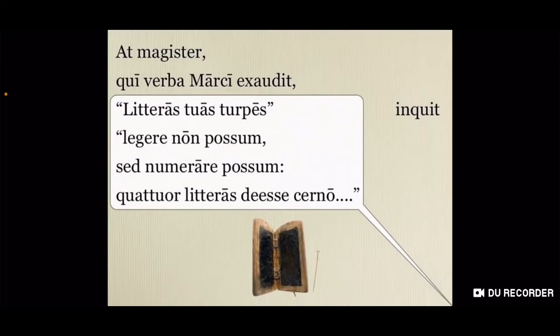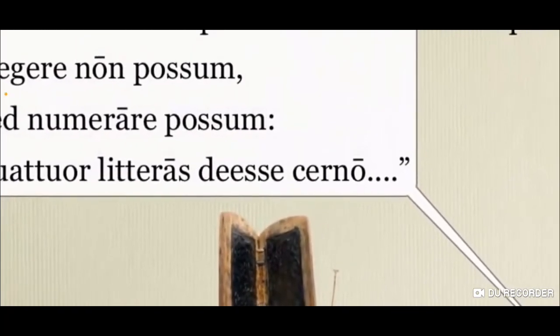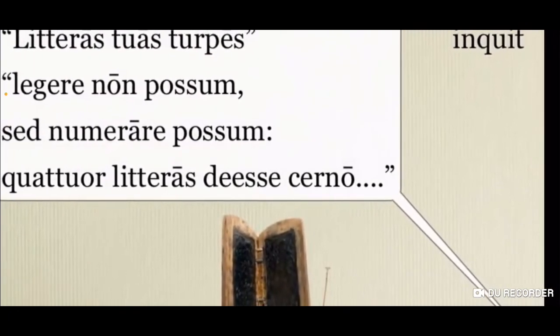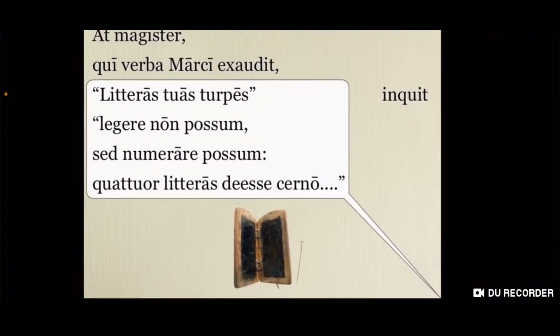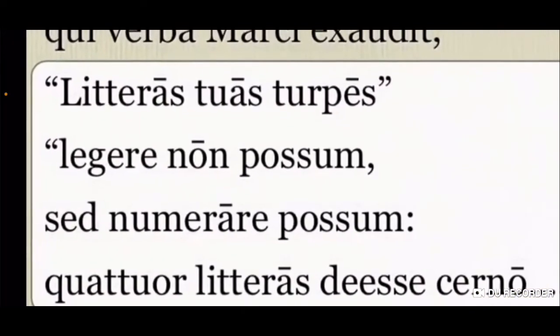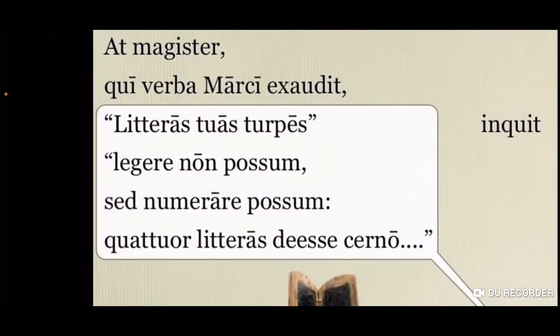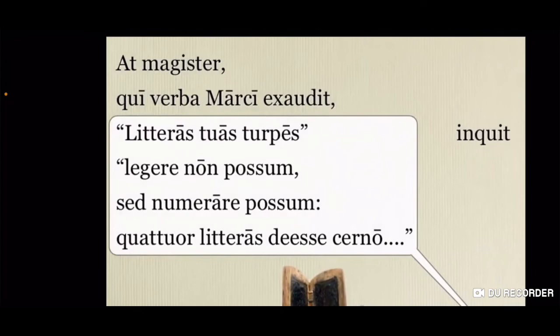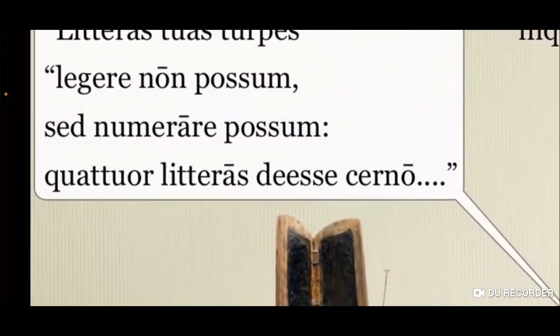I got a new concept, deesse, which just means mistake or error. Basically saying to be out, technically. He said, your letters are ugly. I am not able to read, but I'm able to count them.